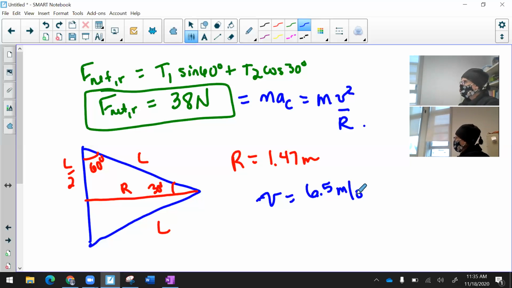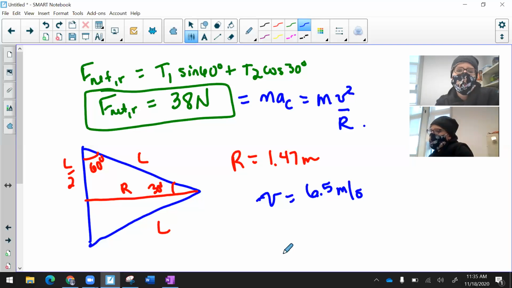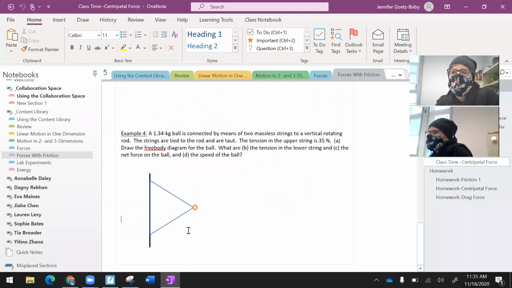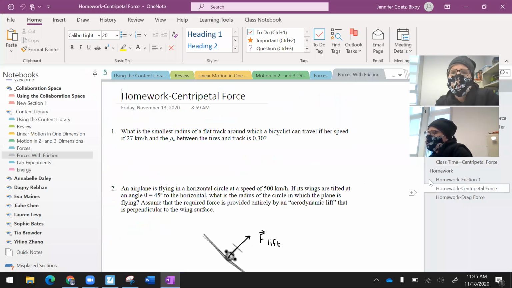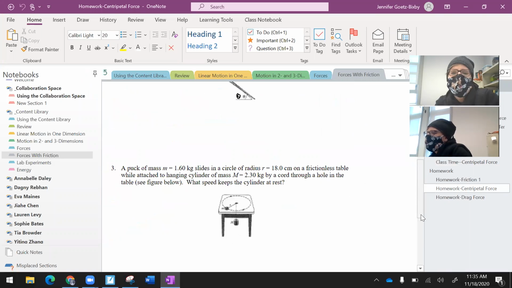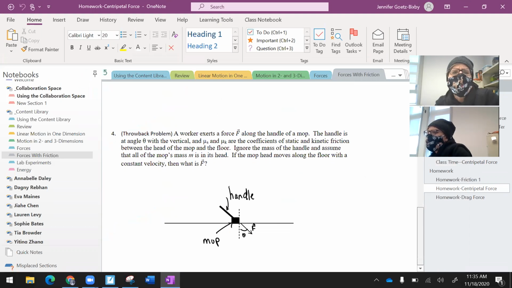Okay. Other questions on centripetal motion, on centripetal force? Probably not. Number 4, this one?